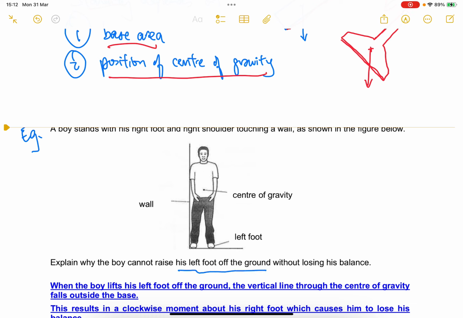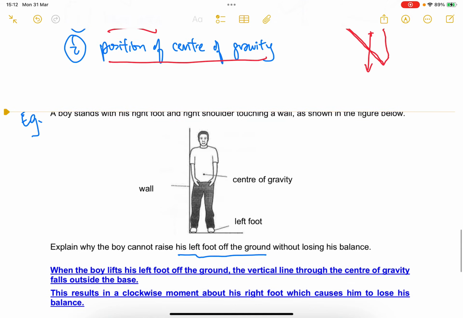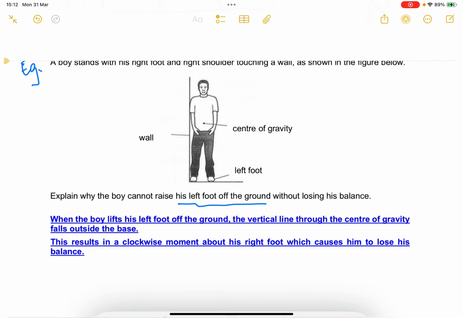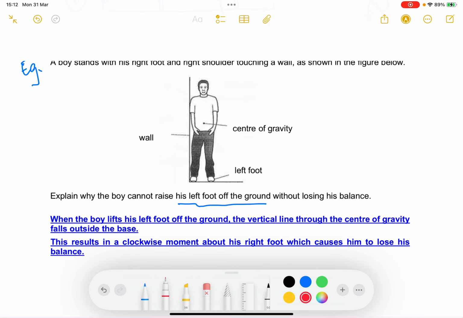So when he raises his left foot off the ground, let me get my red pen out. I'm not cutting off his foot, I'm just asking him to raise his foot. So let's say he raises his foot such that his left foot is now off the ground.